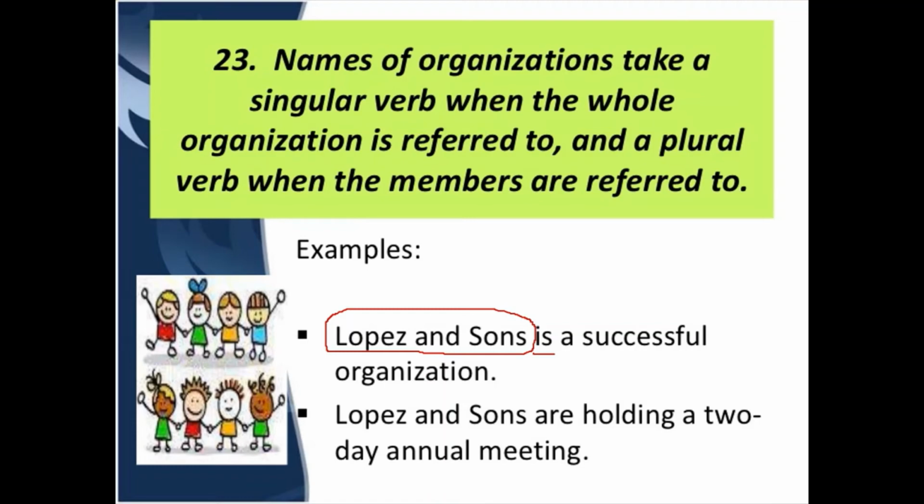However, in the next example, the verb used is "are" because Lopez and Sons refers to members of the organization. So it refers to the names of members within that organization. So it is a plural subject. So that is for rule number 23.